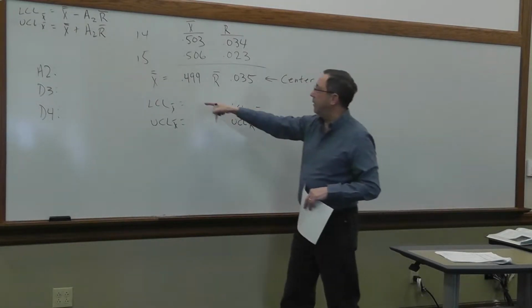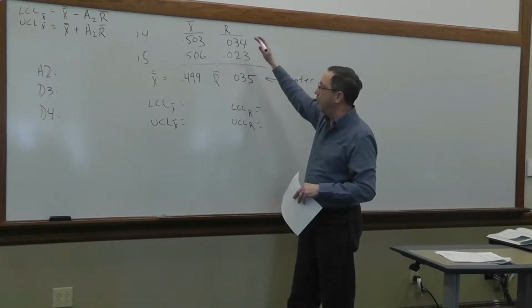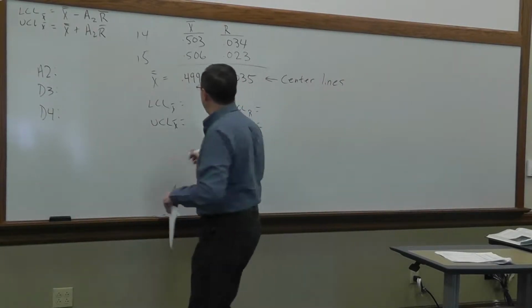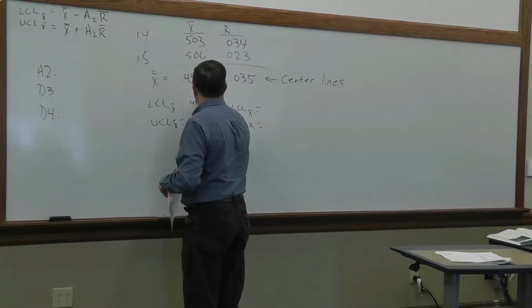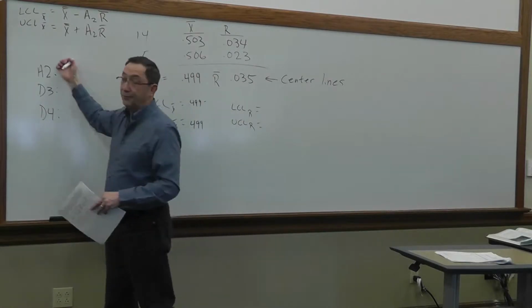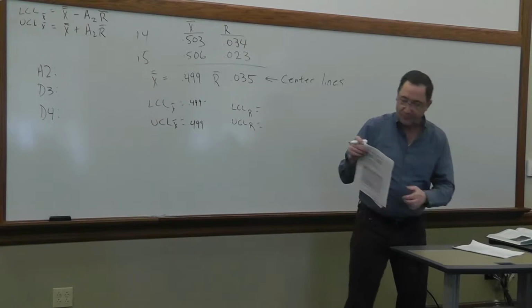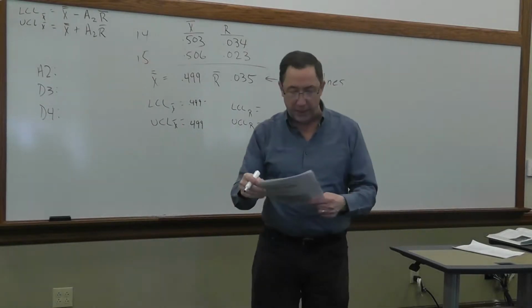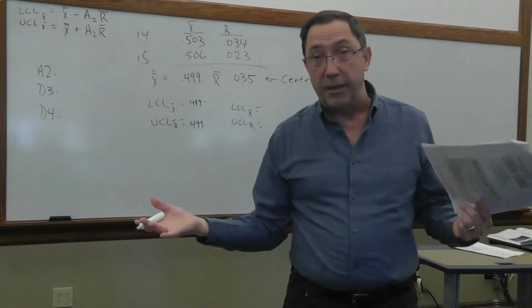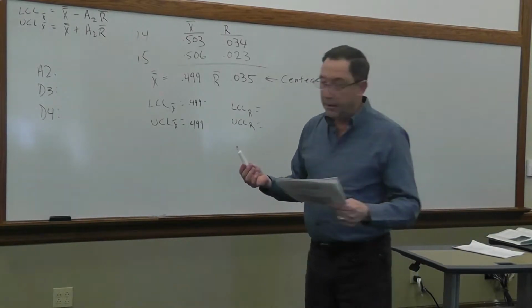We've already got X double bar and R bar, and in some problems I'll just give you that, but in this one you would have had to calculate it. 0.499 is what we start with for the lower control limit. A2, you've got to look it up in the table. Well, you could calculate it, somebody calculated it for the table, but it's nothing you need to worry about calculating.